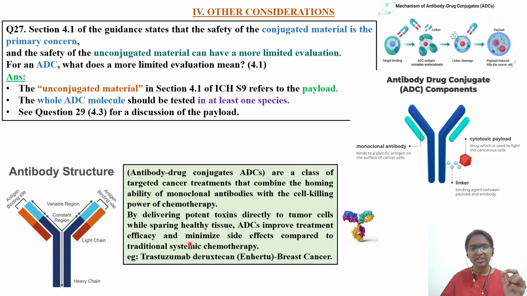ADCs improve treatment efficacy and minimize side effects compared to traditional systemic chemotherapy like chlorambucil or taxol derivatives. These are more potent and have site-directed delivery, so they will not affect the healthy cells. An example is trastuzumab, which is used in the case of breast cancer. It is not affecting other cells, only breast tissue. Targeted drug delivery can be done.